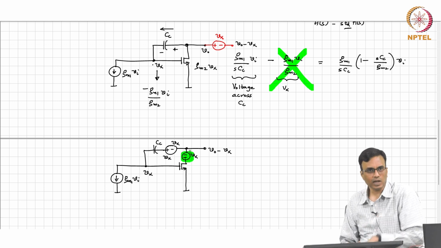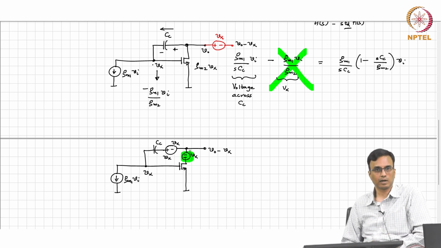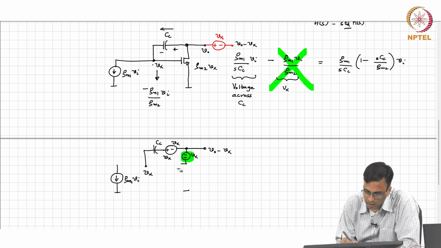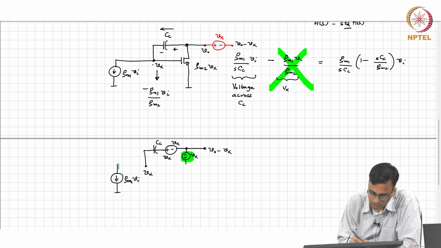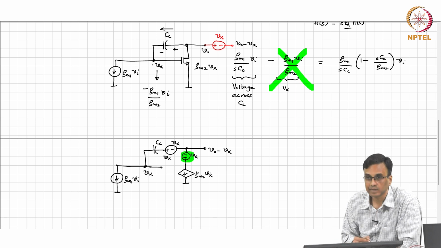This is in series with a, what is the transistor? And what is this actually? This is nothing but a current source which is GM2 times Vx.